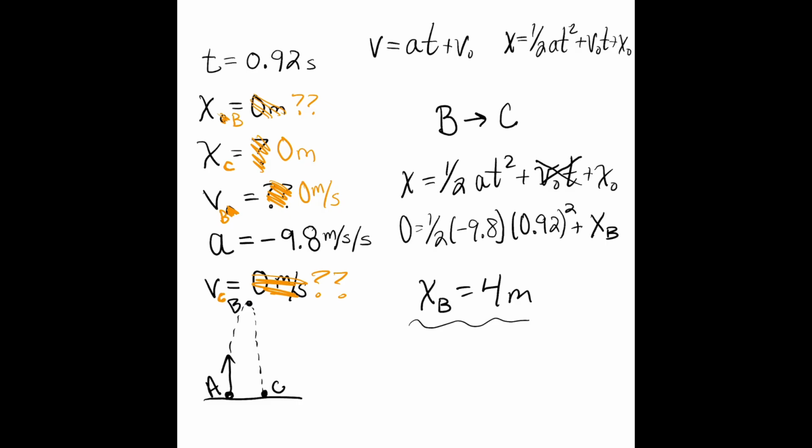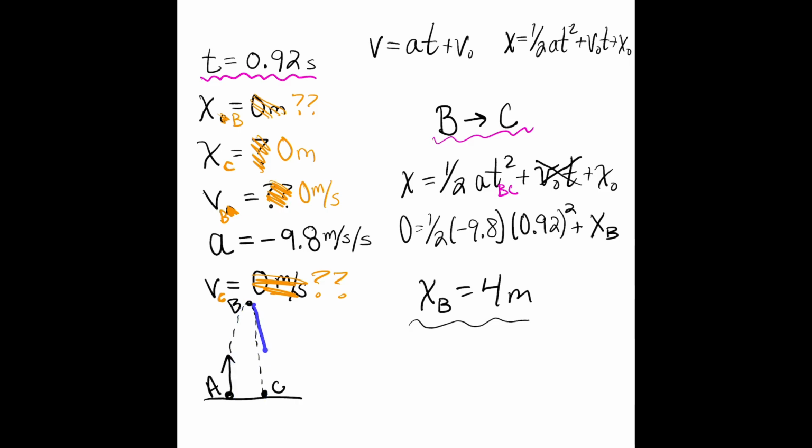So since we did B to C, we need to use the time from B to C. Well, this is his hang time. Hang time is the total time in the air. It's the time up and the time down.